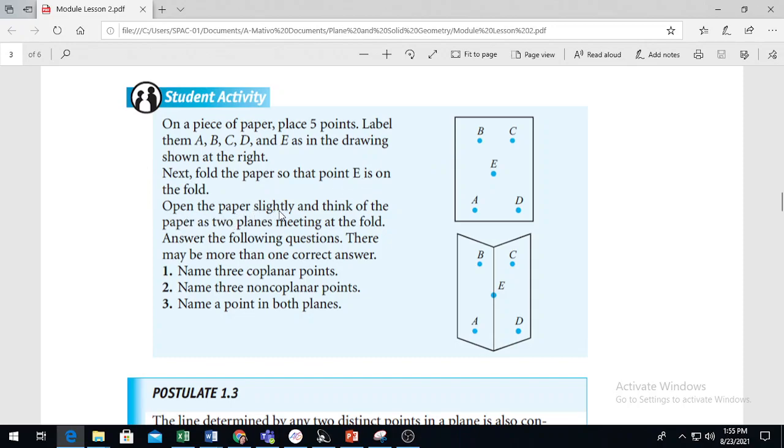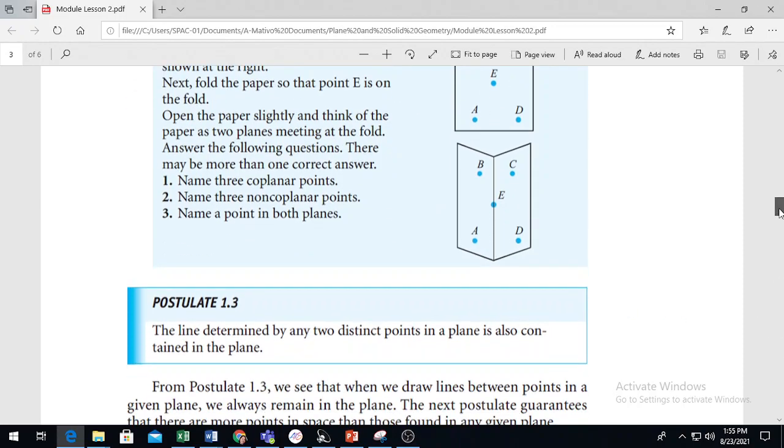Open the paper slightly and think of the paper as two planes meeting at the fold. Answer the following questions. There may be more than one correct answer. Name 3 coplanar points, name 3 non-coplanar points, and name a point in both planes. That is a student activity that you need to do today and submit it in the uploading section of this module.